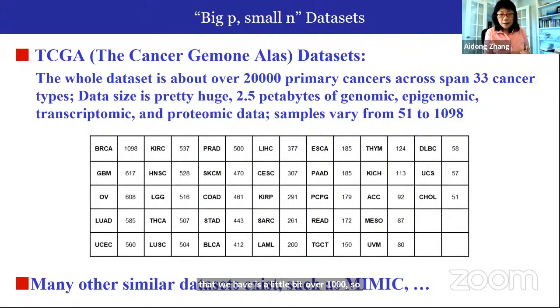So each type definitely does not have a sufficient number of samples to train a deep learning model. That's the problem we are facing: how to apply machine learning effectively on small samples.